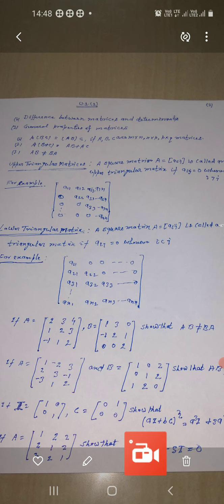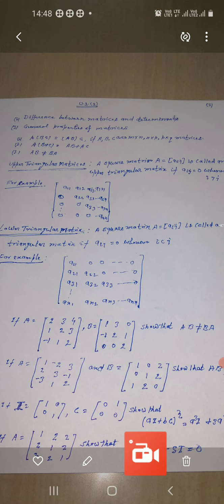So now we discuss upper triangular matrices. A square matrix A = [Aij] is called an upper triangular matrix if Aij is equal to 0 whenever i is greater than j. Here we have an example: in first row, A11, A12, A13, and so on, A1n.